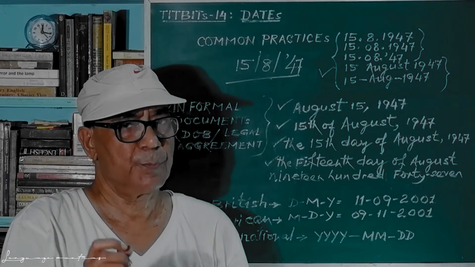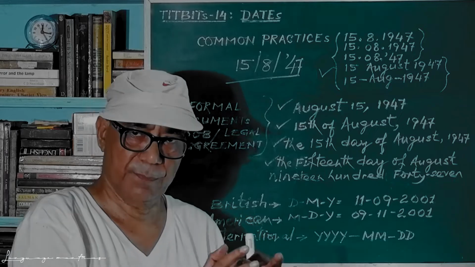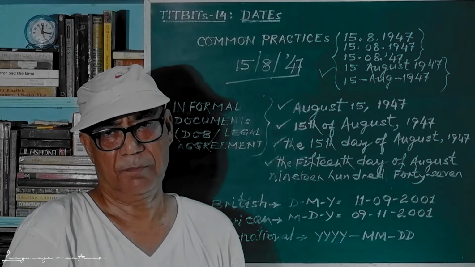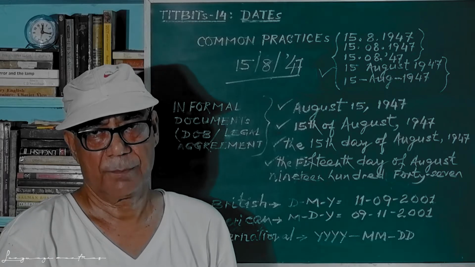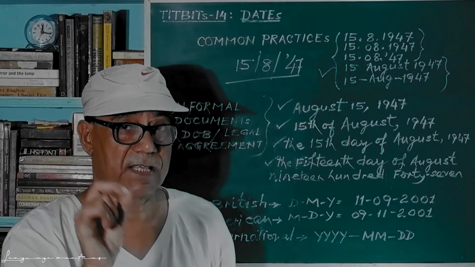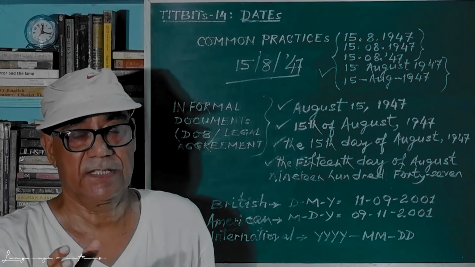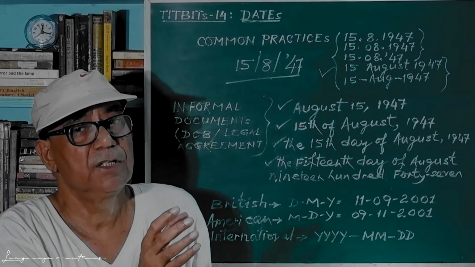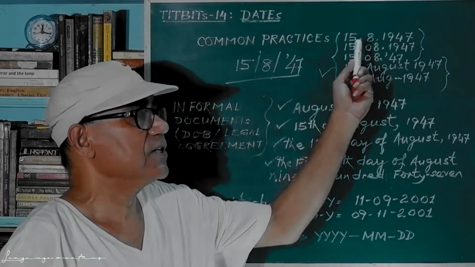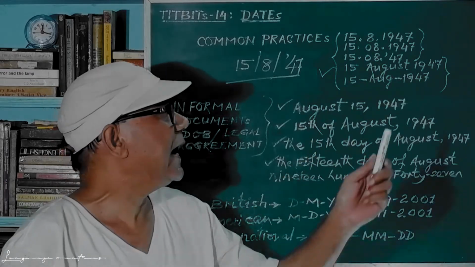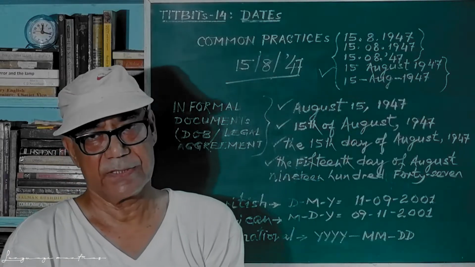When I speak of space, it was a common practice before. Nowadays, maybe not. But the dot is given. Dot is a divider. You divide between two figures. One is day, other is month, and the third one is year.